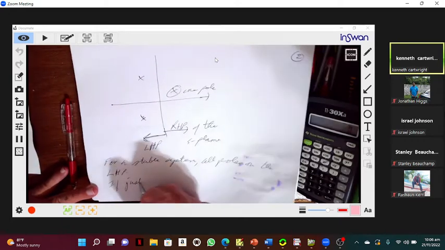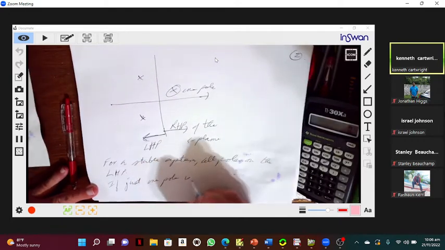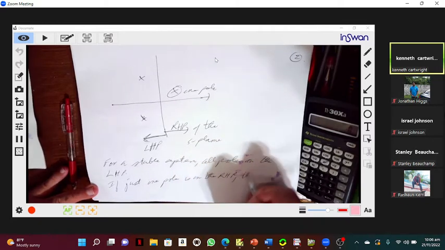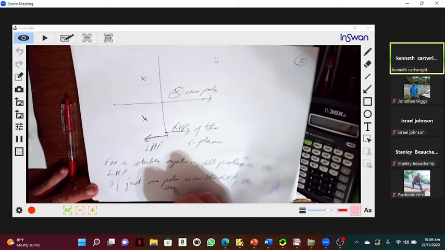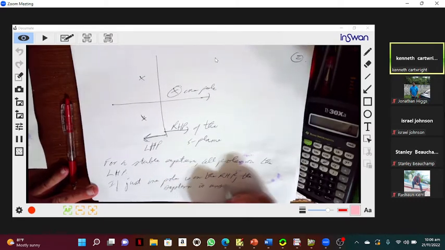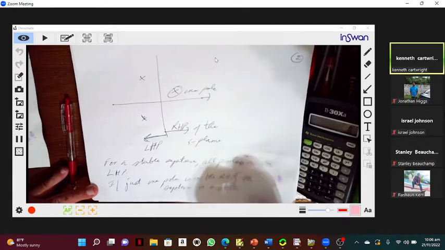If just one pole is on the right-hand side, the system's unstable. And therefore we cannot build it.